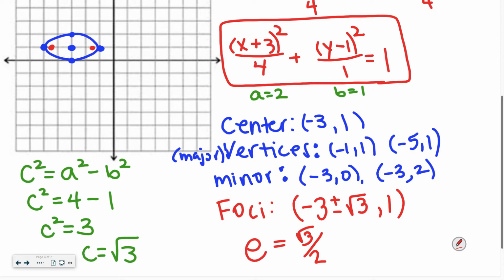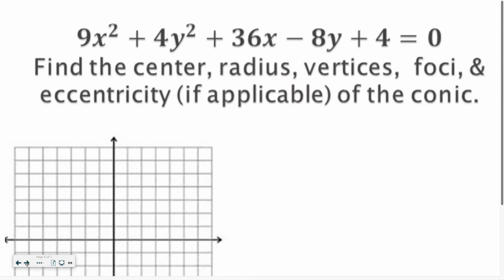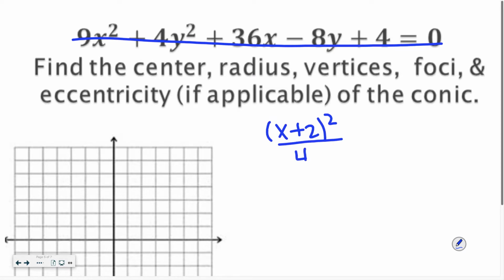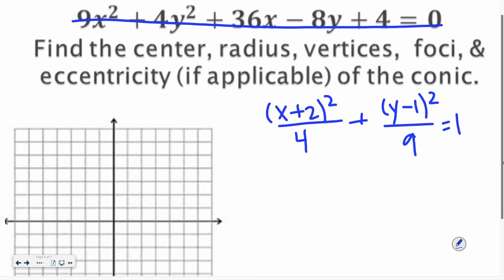All right. We're not going to go through this entire problem, but please write this down with me. I'm going to go ahead and put this in standard form for you: (x plus 2) squared over 4, plus (y minus 1) squared over 9, equals 1.